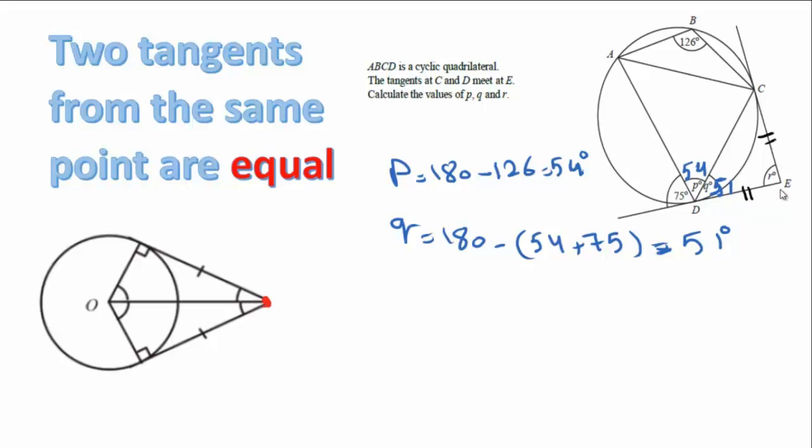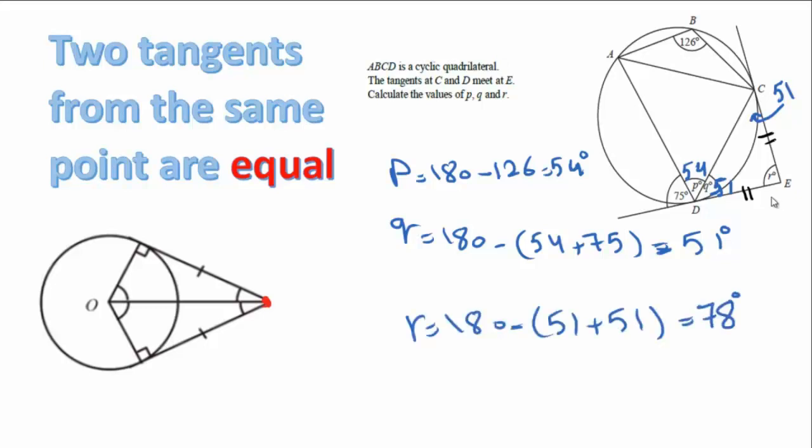So the two base angles are equal, so this angle here is equal to 51 degrees. And to find the value of r, this is very simple. Now we just subtract: 180 minus 51 plus 51, which equals 78 degrees.